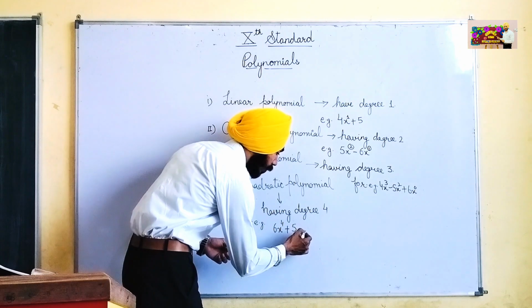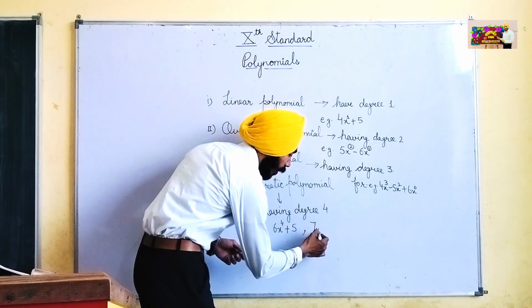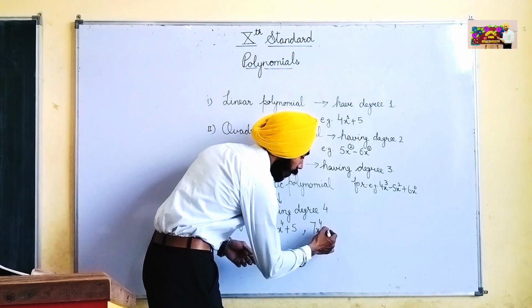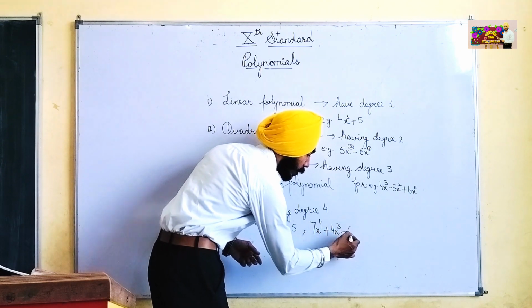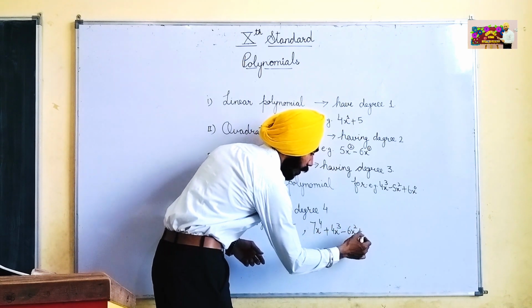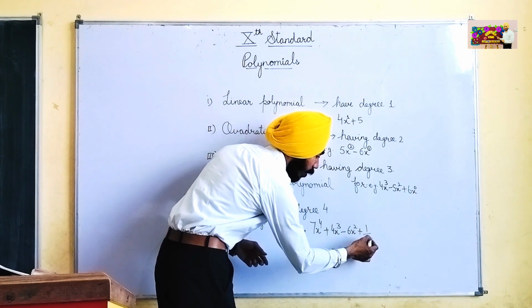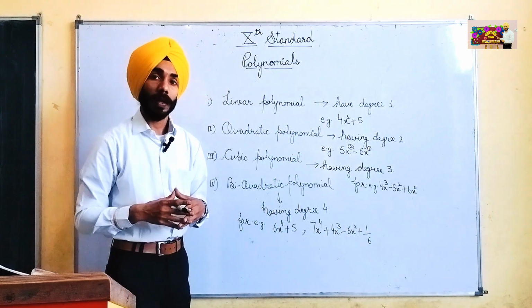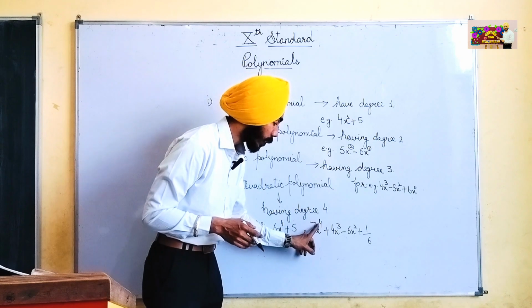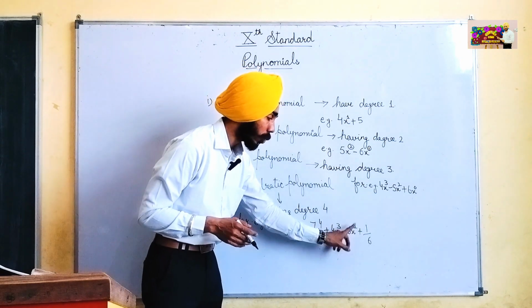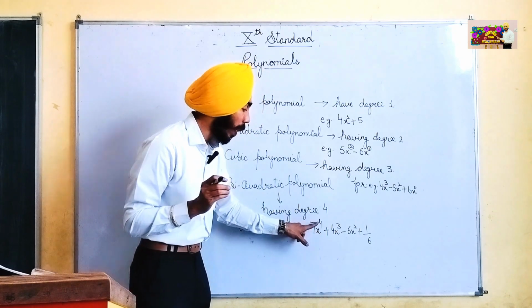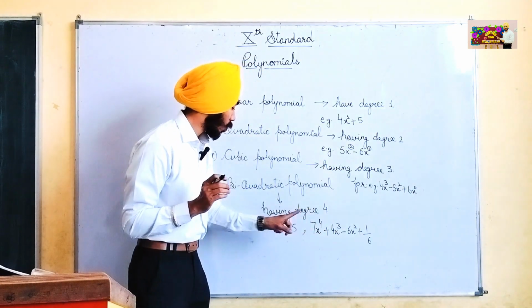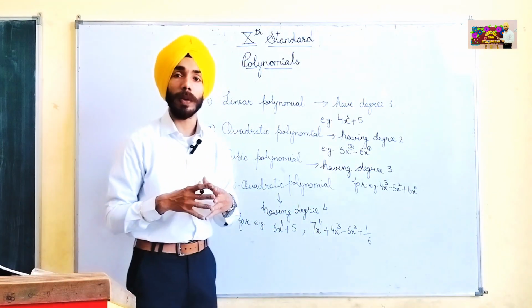Another example is 7x4 plus 4x cube minus 6x square plus 1 upon 6. So highest power is 4, here is 3, here is 2. Highest power is 4. So the polynomial whose power is 4, we call it biquadratic polynomial.